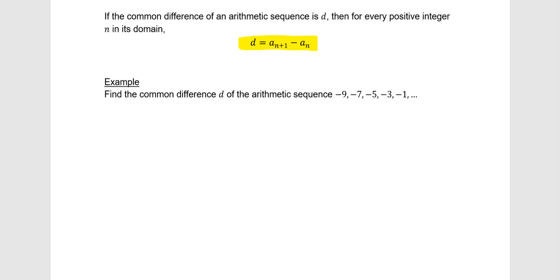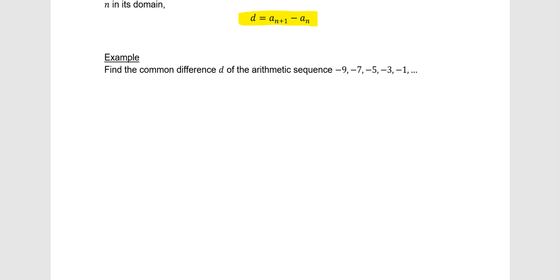So let's see an example here. Find the common difference of the sequence -9, -7, -5, -3, -1, and so on. What we do is we pick any two terms next to each other. Let's pick just the first two. And then we subtract the one further to the right minus the one to the left of it.